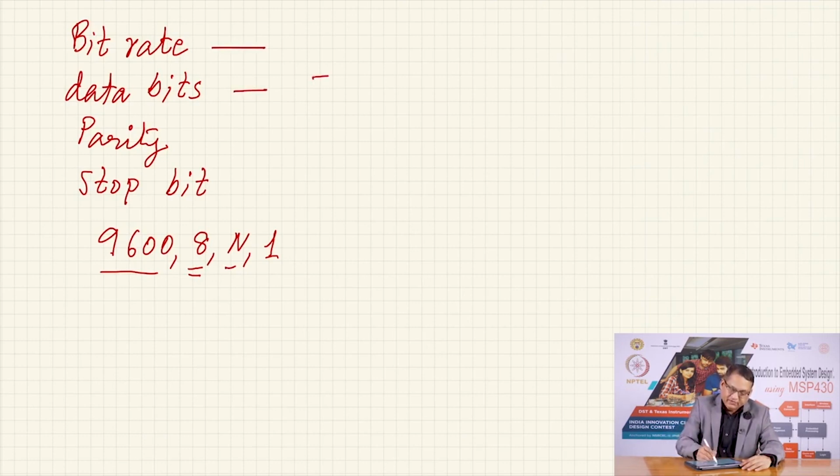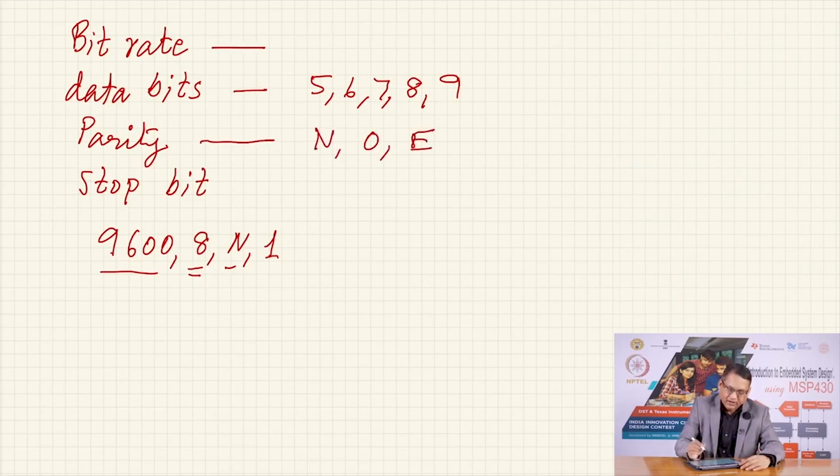Data bits can be 5, 6, 7, 8, and some microcontrollers also offer 9 bits of data. For the parity bit, there are 3 options: no parity, odd parity or even parity. And for stop bits, historically it offers 3 options: 1 stop bit, 1.5 stop bits or 2 stop bits.